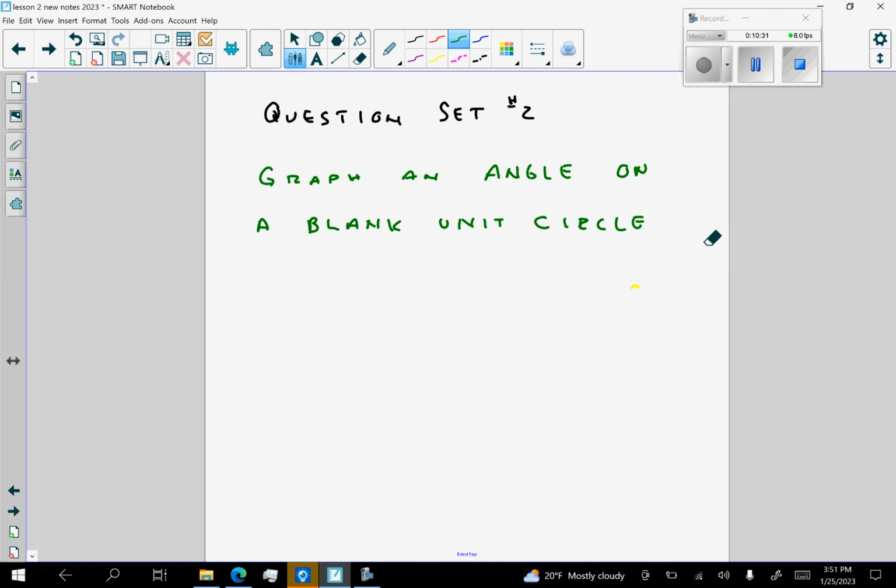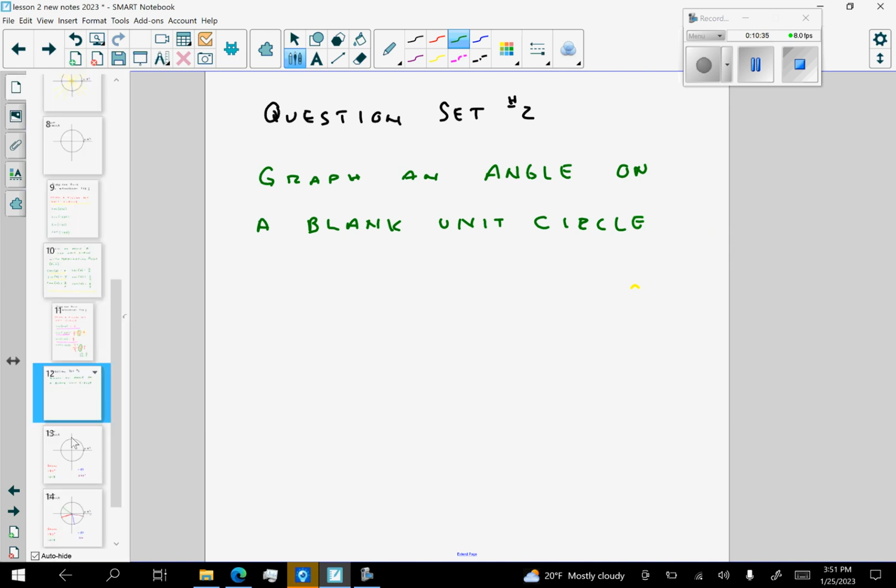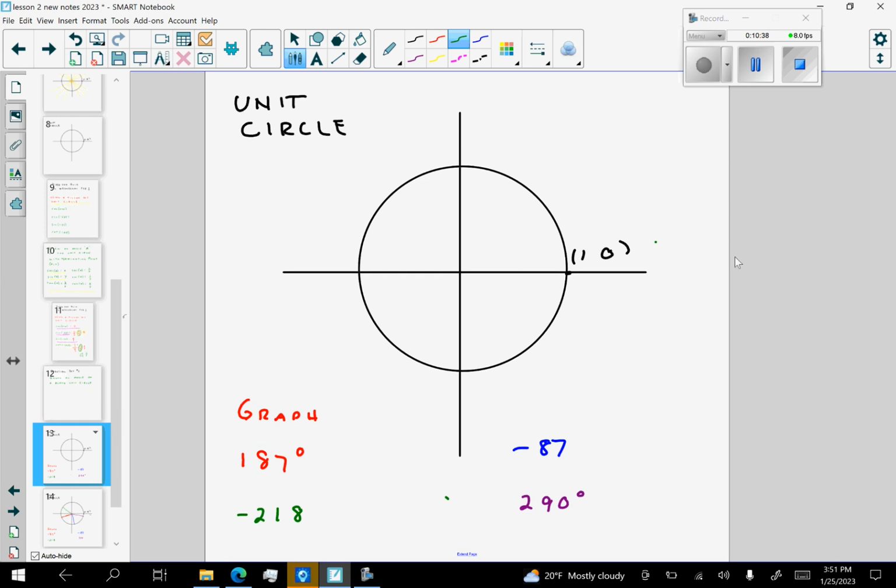For example, here's a blank unit circle, and we're not worried about coordinate points. There were some problems that we will look at later this week where the terminating points of certain angles were given as arbitrary constants. All we want you to do is to be able to know where different angles are on the unit circle.